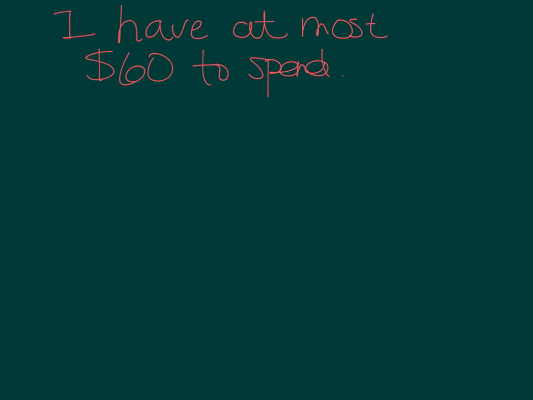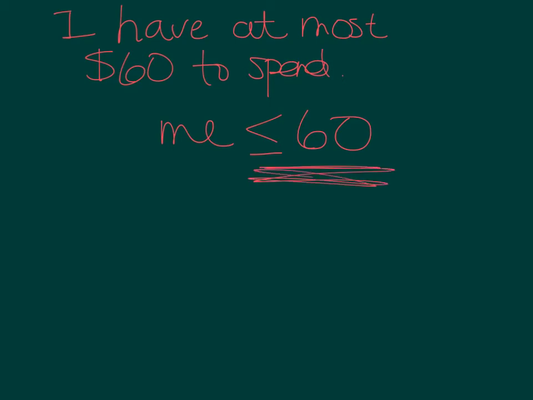So, if I have something like this, I have at most $60 to spend. Here's me. I have at most $60 to spend. Right? So I could spend $60, but I can't spend $61. I can't spend $62. I can spend at most $60. If it was this way, it means I can spend more than $60.